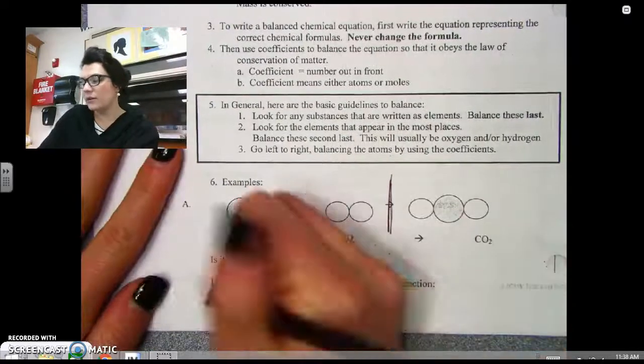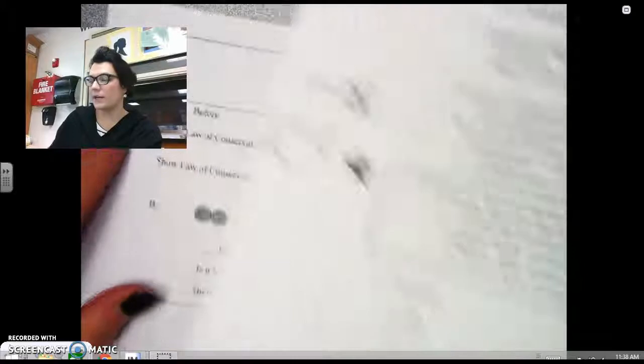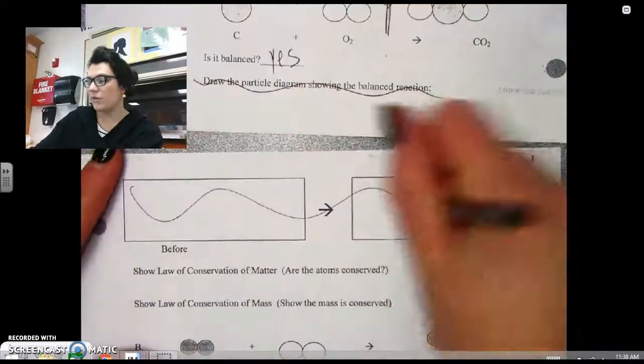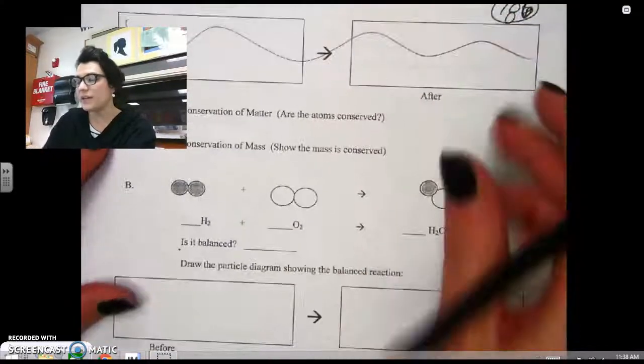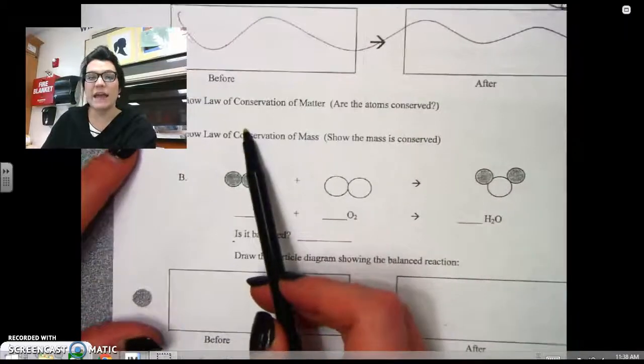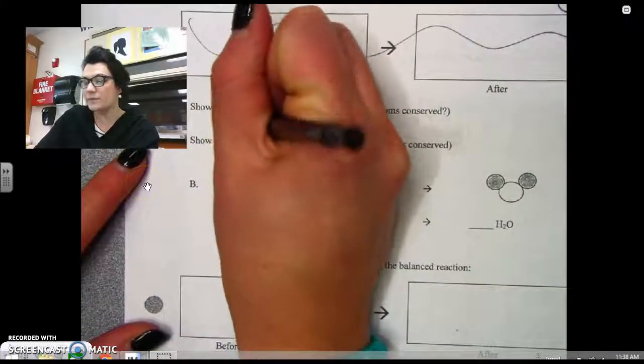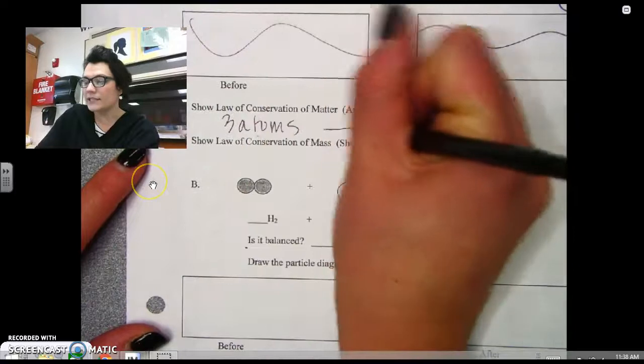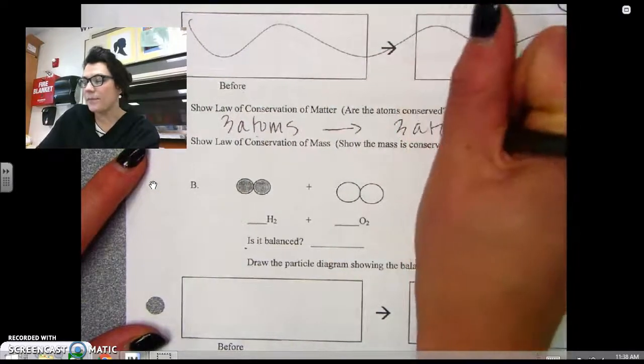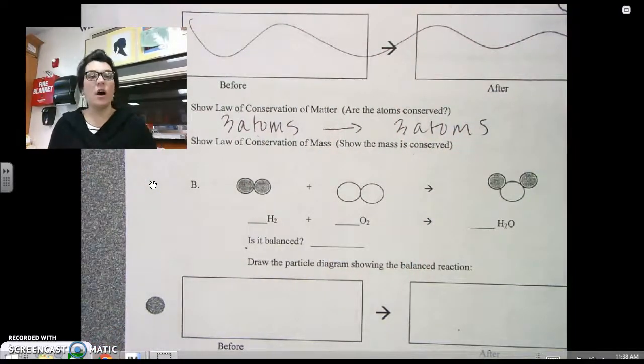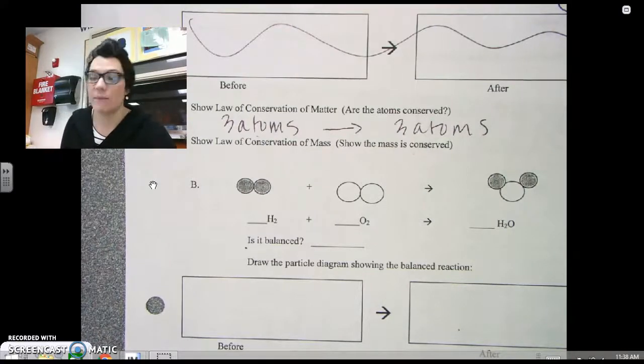Now the next part, let's skip this part. The next part here, we've already drawn, is we can say that I have 3 atoms on the reactant side and 3 atoms on the product side, so the law of conservation of matter is being abided by. Now, law of conservation of mass would just use the masses from the periodic table.